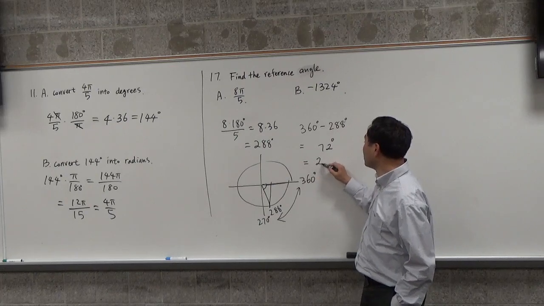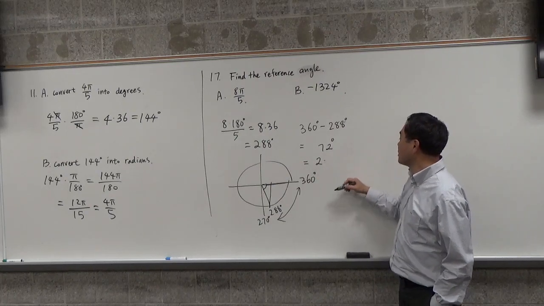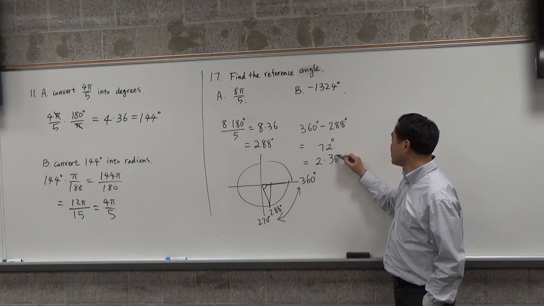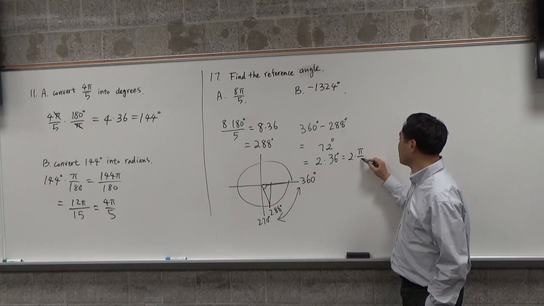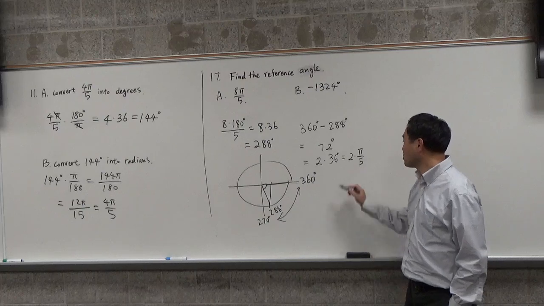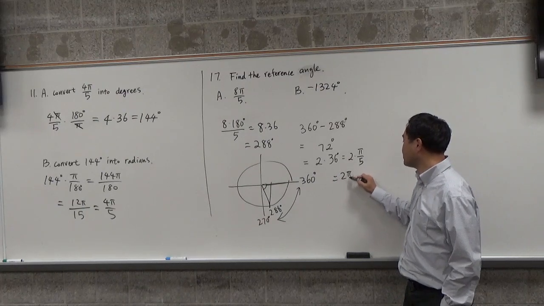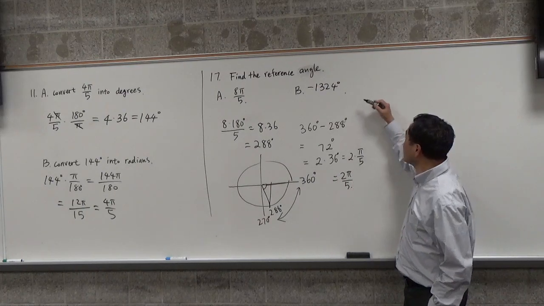This is twice 36 degrees, and I know that 36 degrees is pi over 5. So the answer is 2 pi over 5.